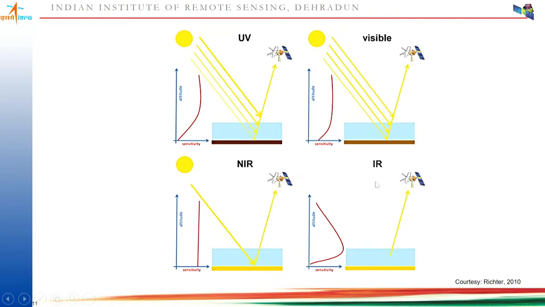When we talk about the far infrared or infrared, here the scattering is neglected. There is no scattering, but of course there is emission. This emission can happen from various layers in the atmosphere, and different layers will have different emissions. Depending on the temperature and the water vapor, they will emit differently.